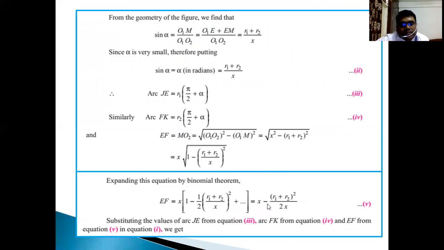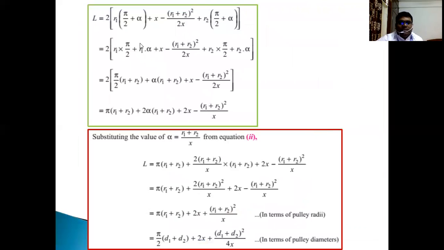So this relation becomes x minus (R1 plus R2) squared upon 2x. Put all the values and simplify, then put the value of alpha. The final relation is all positive terms: pi (R1 plus R2) plus 2x plus (R1 plus R2) whole squared upon x.